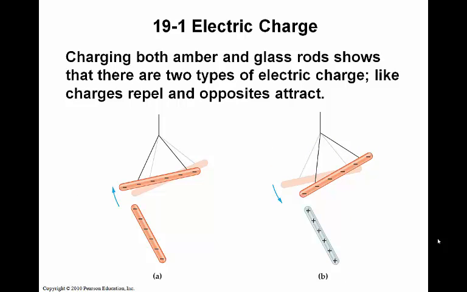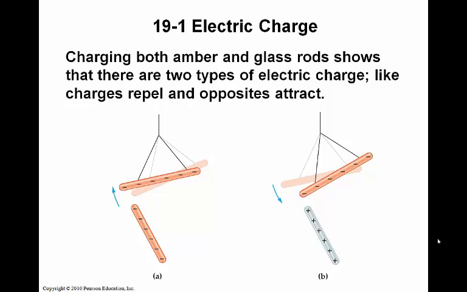He found that charging both amber and glass rods proved that there were two types of electric charge, positive and negative. Ben Franklin knew nothing about the atomic structure of an atom. Electrons had not been discovered yet, so he attributed these charges as the material either having an electric property, a fluid, or not.